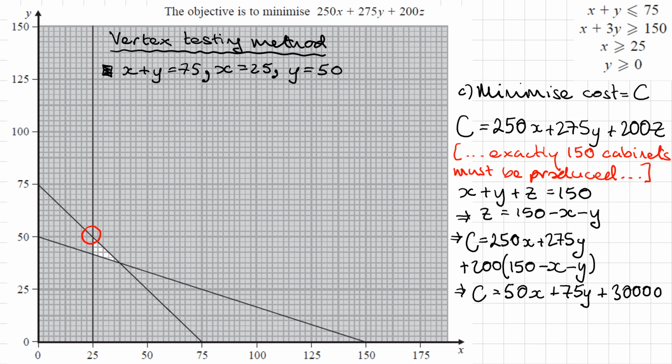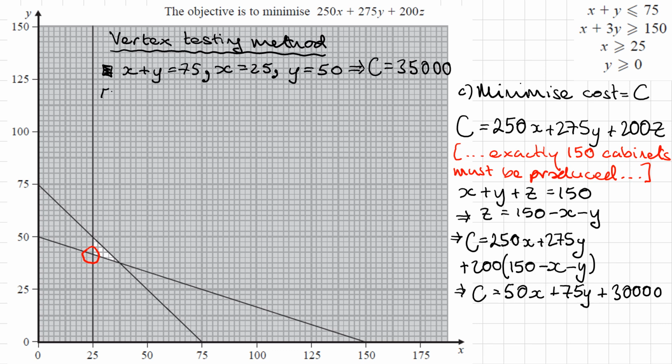Now if we substitute those values of x and y into C, what we'll get is a value of 35,000. So 35,000 pounds is going to be the cost.